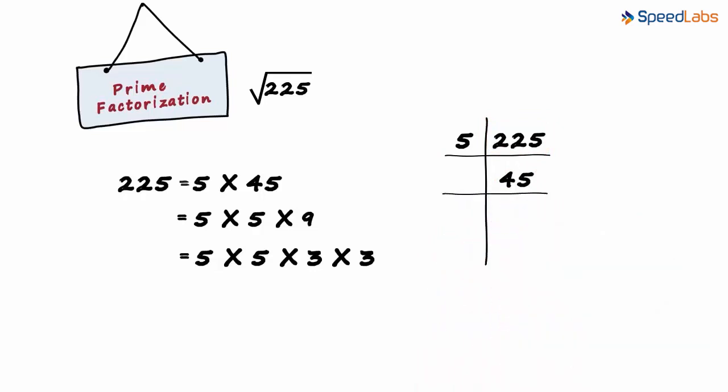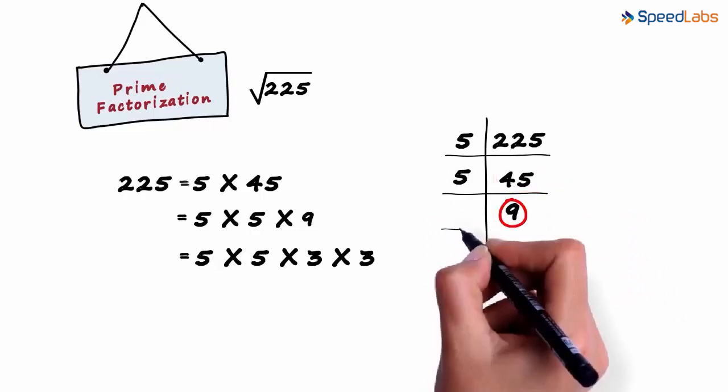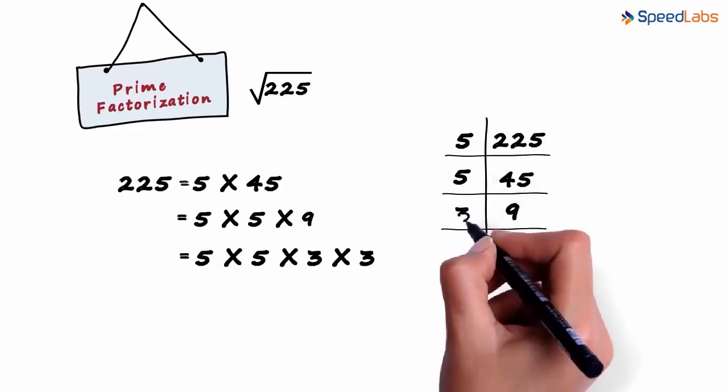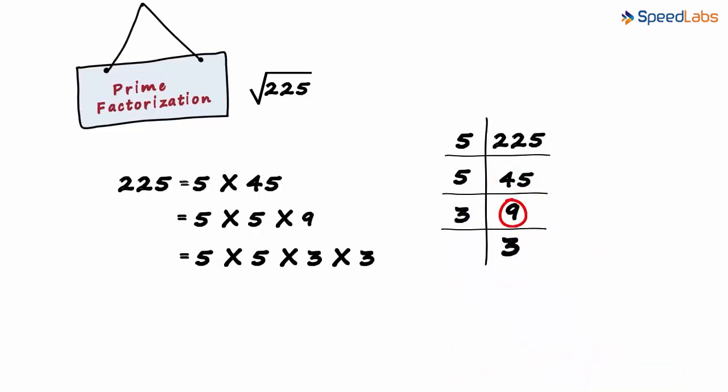Hence, we continue with this process. 45 is also divisible by 5. Hence, we write a 5 here. And 5 multiplied by 9 gives us 45. 9 is not prime, and we can say that 3 multiplied by 3 equals 9. That's where we stop, when we get a prime factor here.